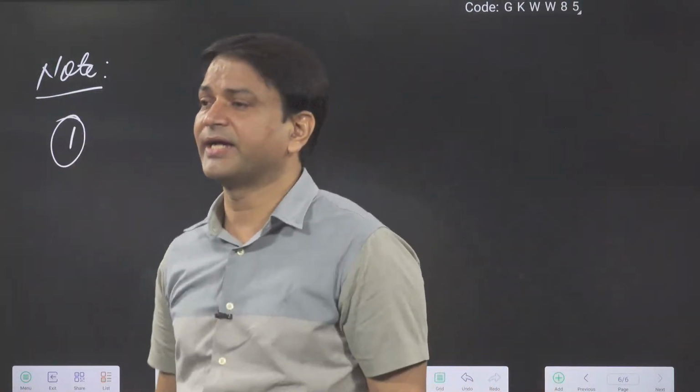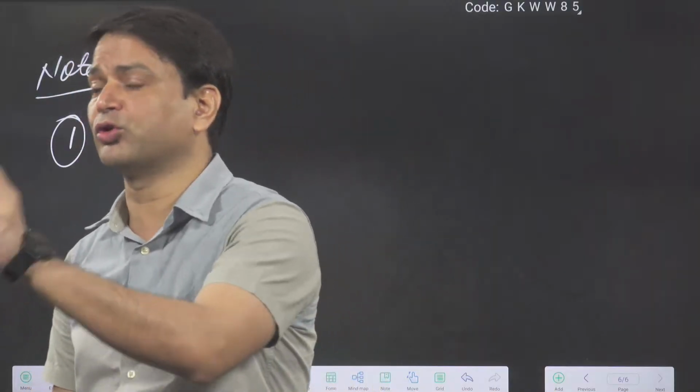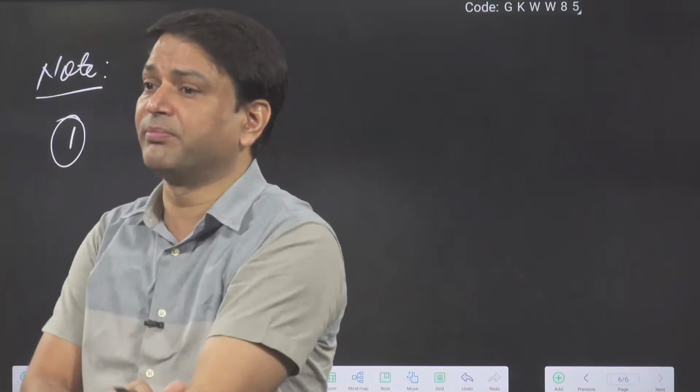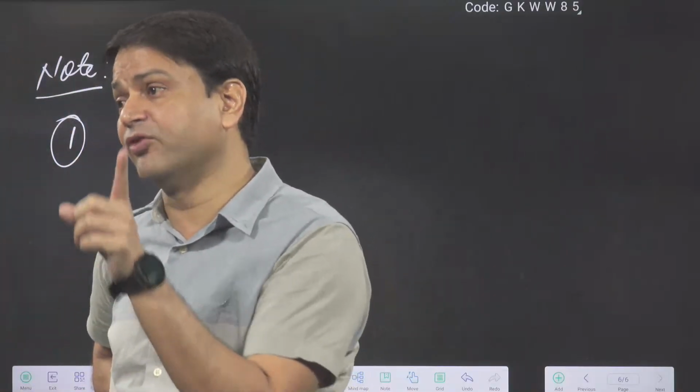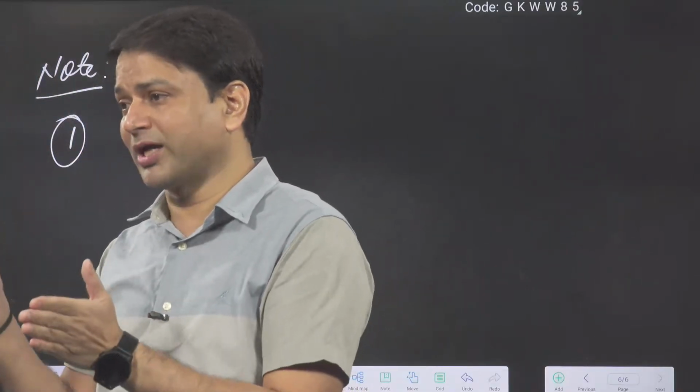Okay. So light year is the unit of the distance. If you want to calculate how much meter or kilometer a light year is equal to: distance traveled by the light in 1 year. 1 year, first you will convert in second.